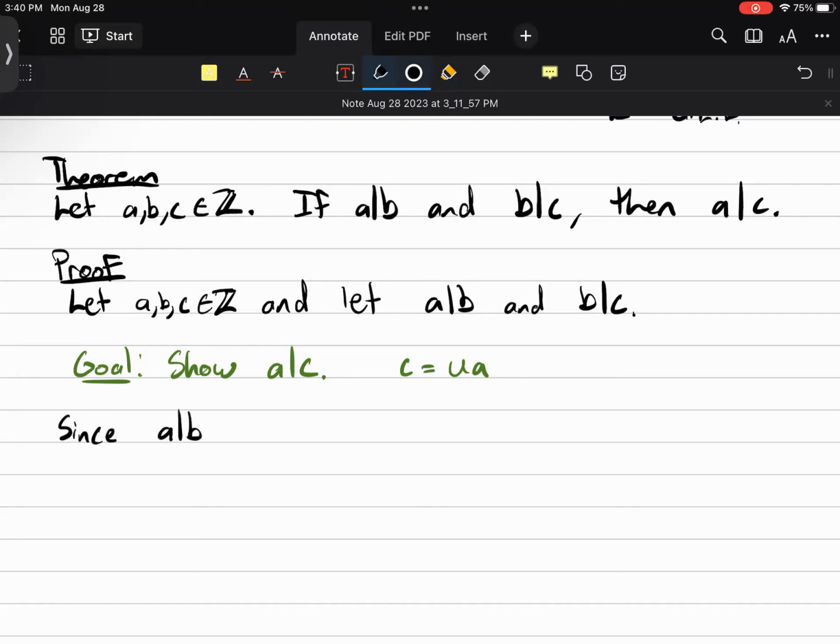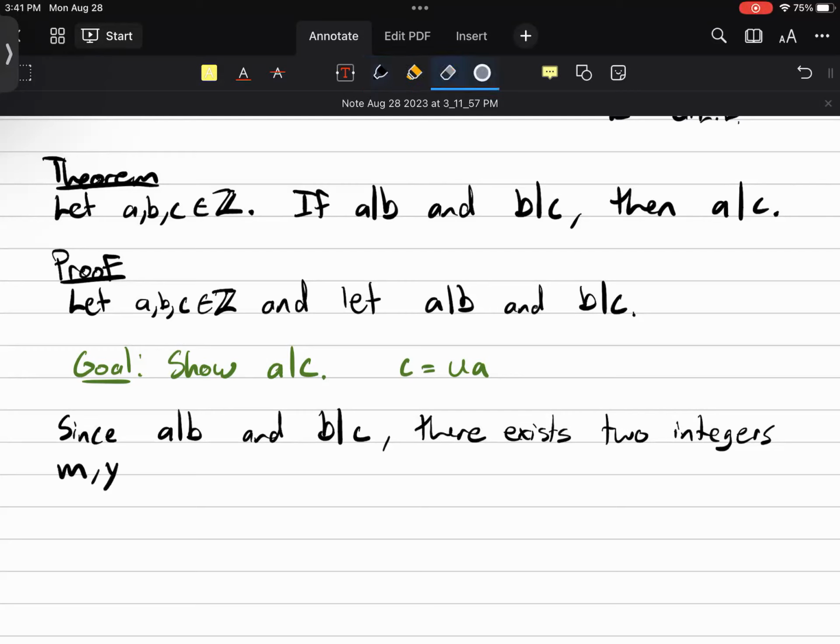So since A divides B and B divides C, there exist two integers. So give me some letters. X, Y, we'll do M and Y, so we can change it up a little bit. Let's write using that notation.